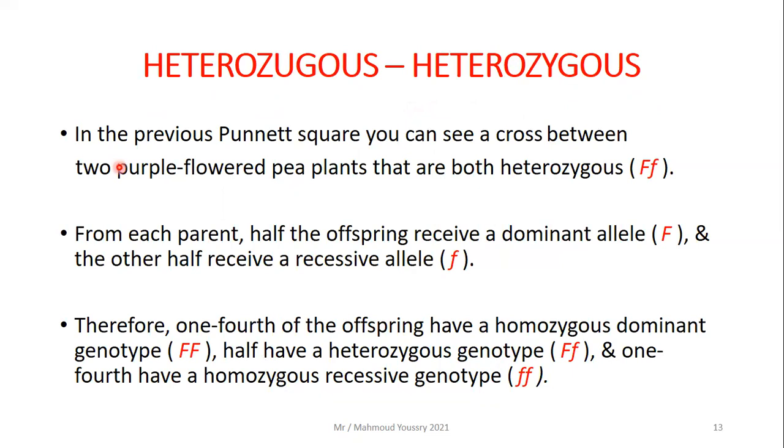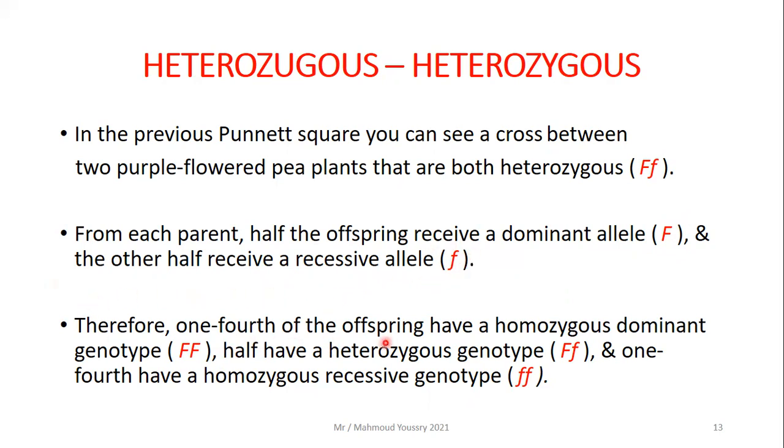In the previous Punnett square, you can see a cross between two purple flowered pea plants that are both heterozygous, capital F small f, one allele dominant and one allele recessive. From each parent, half of the offspring receive a dominant allele, capital F, and the other half receive a recessive allele, small f.